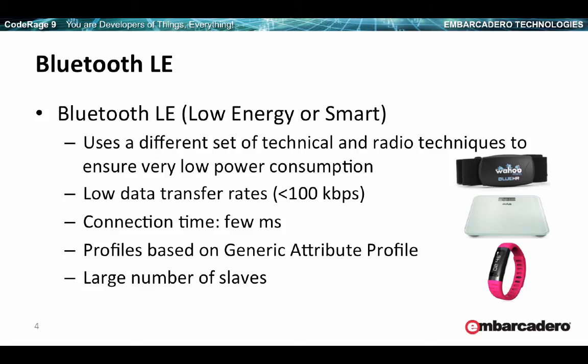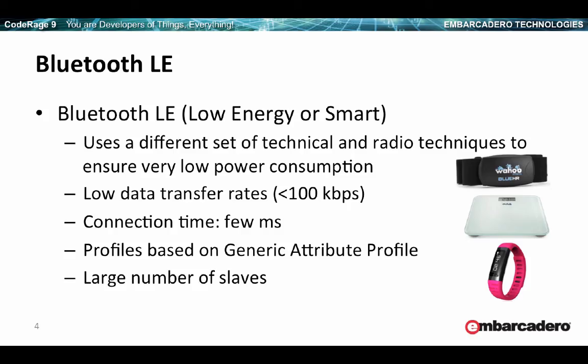On the other hand, BluetoothLE is a new and totally different technology. In fact, the only common part with classic Bluetooth is probably the name. It uses a different set of technical and radio techniques to ensure a very low power consumption. This is the key feature and the main advantage of BluetoothLE. For that, it's possible to have very small devices with this technology, like HeartRate monitors, watches, and beacons.